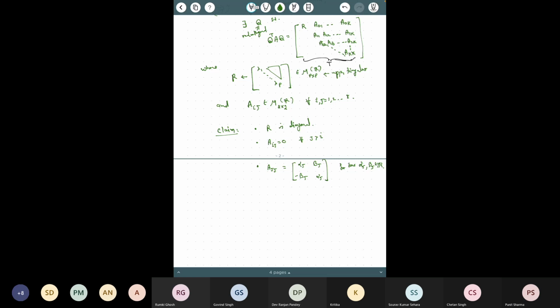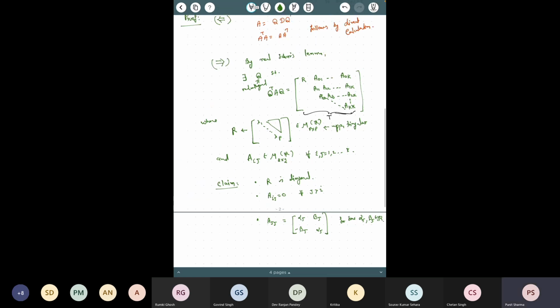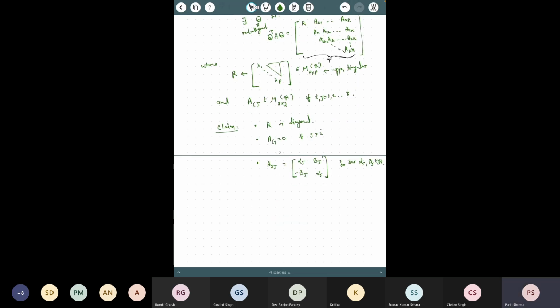Okay. So now we can use the fact that, so far, we have not used the fact that A is normal. A is given to be normal here. So we have not used this fact. Now we will use it. Okay. So since A is normal, this implies that A transpose A is equal to A A transpose.